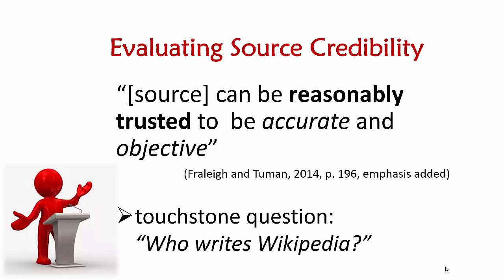So we want to think about the touchstone question here as a way to think about all of this. Who writes Wikipedia? Many students like to go to sources like Wikipedia, about.com, and other online encyclopedia sources that are written anonymously. Sometimes it's by experts, but sometimes it's just by professional writers that are doing amateur research.